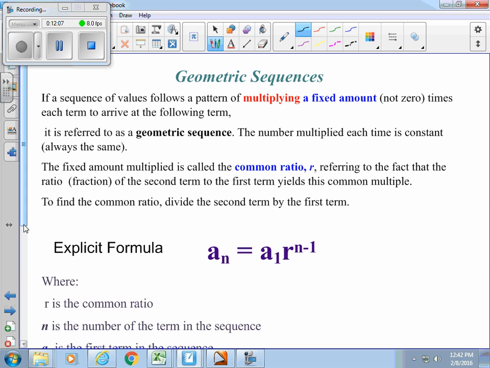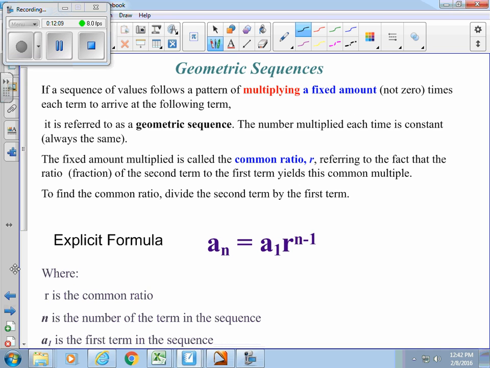So, geometric sequence. A sequence of values that follows a pattern of multiplying a fixed amount, not 0, times each term to arrive at the following term is referred to as a geometric sequence. The number multiplied each time is constant. The fixed amount multiplied is called the common ratio.